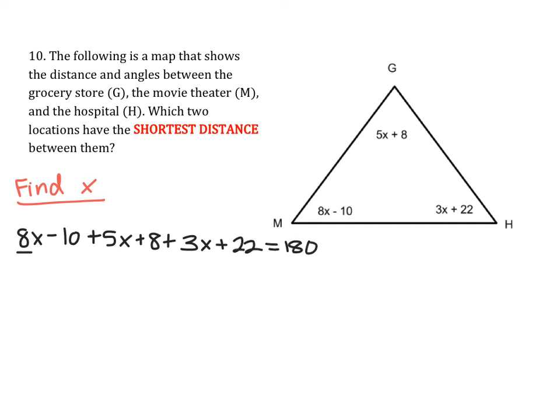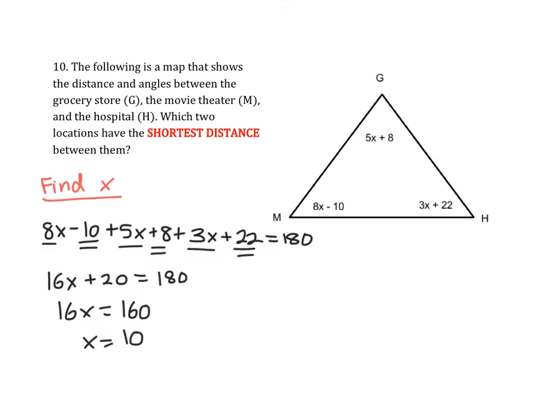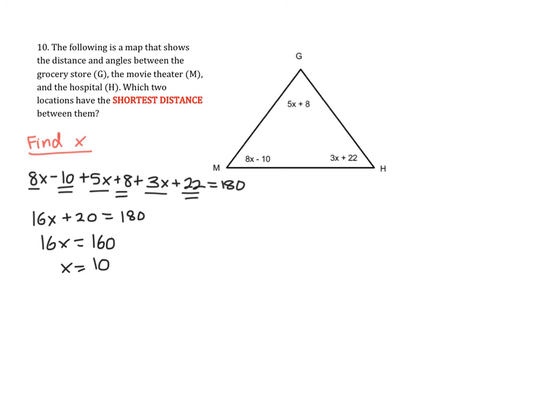So from here, we can combine like terms. So we get 16x, and then we can combine like terms here. Okay, then I'm going to subtract 20 from both sides and then divide by 16, so I get x equals 10. So now that we know x, we can find the angles.